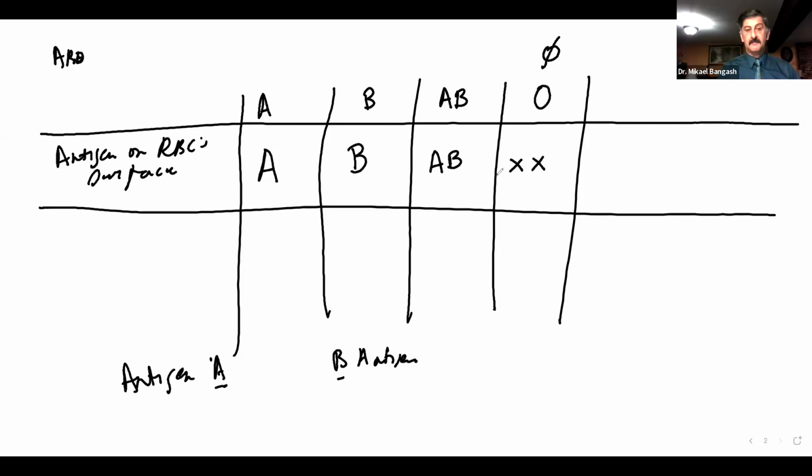None of the antigens, neither the A nor the B. Did that make sense? That is correct. That group is blood group O. Did you guys get that? Yep. Any questions so far?